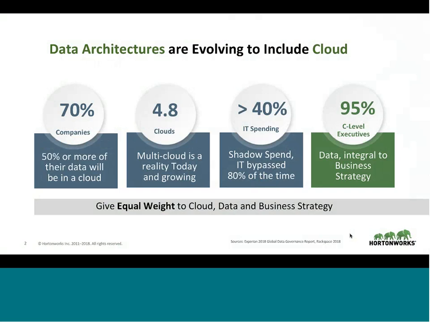So a little bit about data getting left behind. So as we look at today, as we're evolving architectures, based on some recent studies, we've got 70% of companies by 2020 will have 50% or more of their data in the cloud. And that just won't be one cloud, that will be multiple clouds, because even today, most companies have almost 5 clouds that they know of. So multi-cloud actually started before hybrid cloud started.